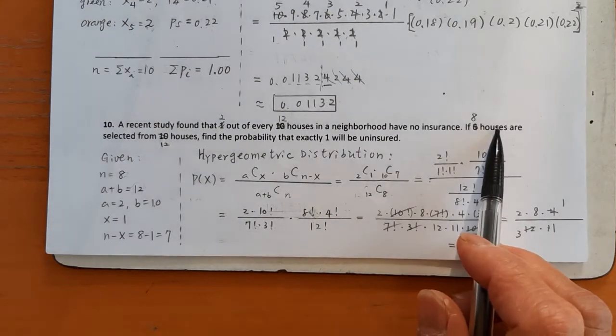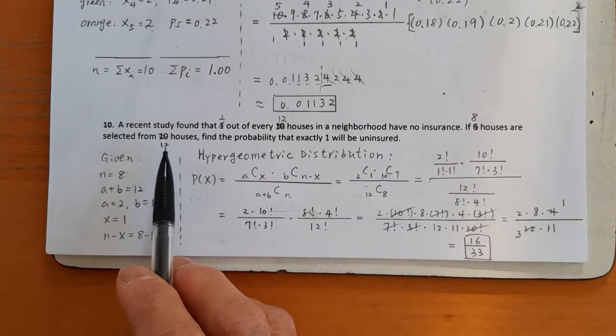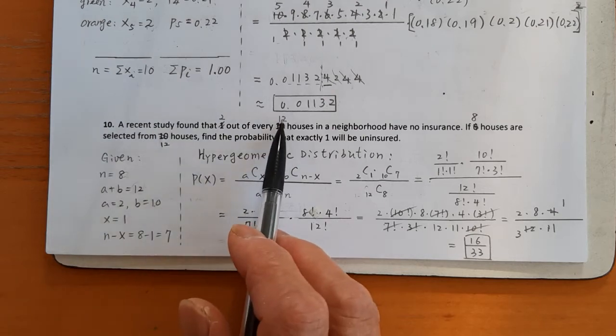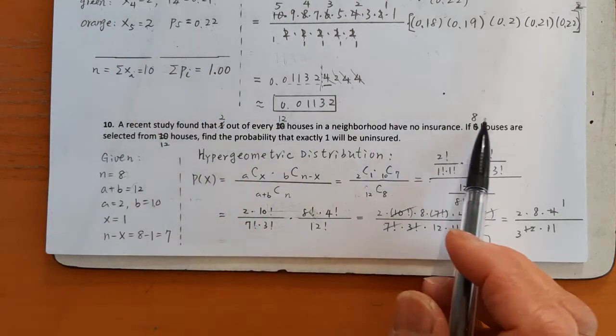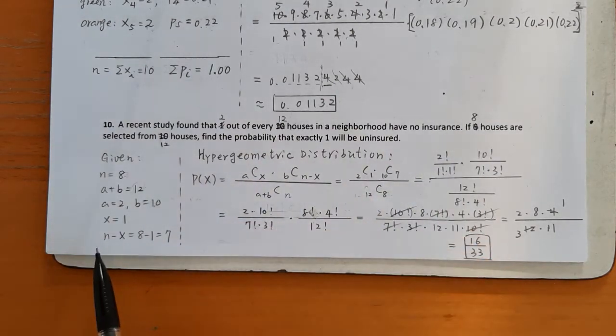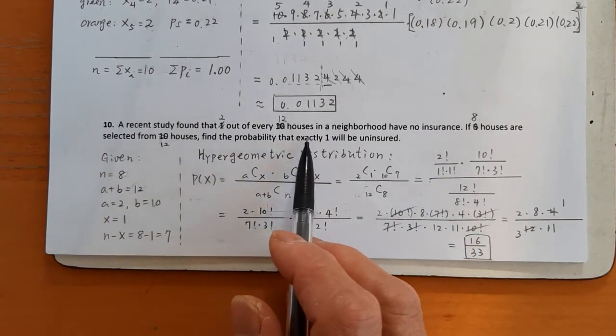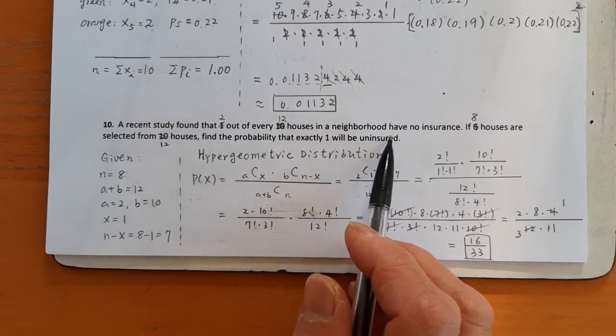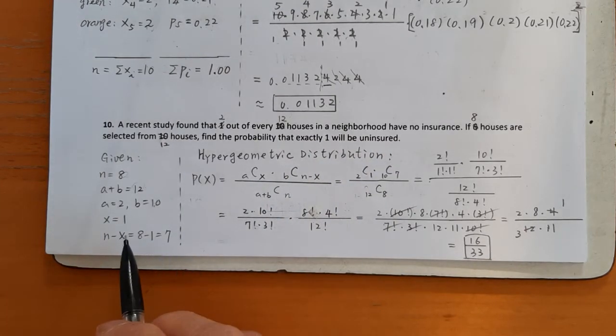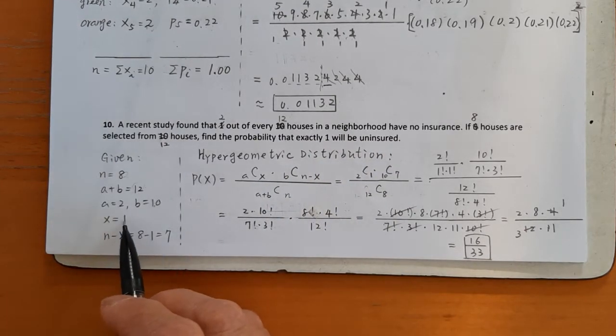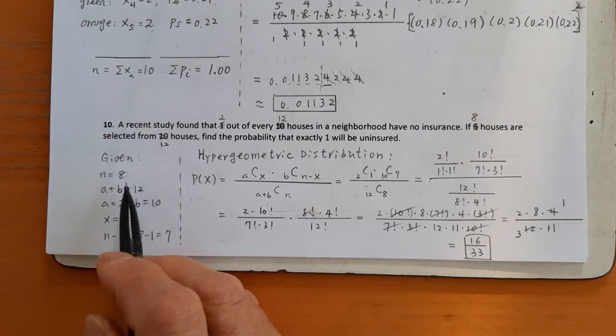Now, if 8 houses are selected from those 12 houses, find the probability that exactly 1 is uninsured. So x equals 1. n is 8.